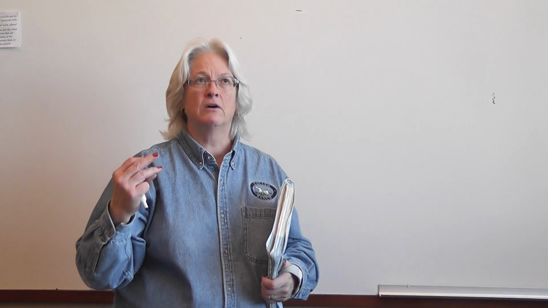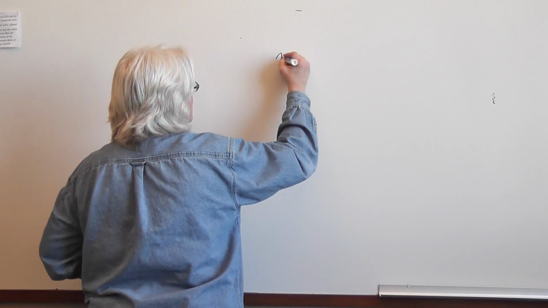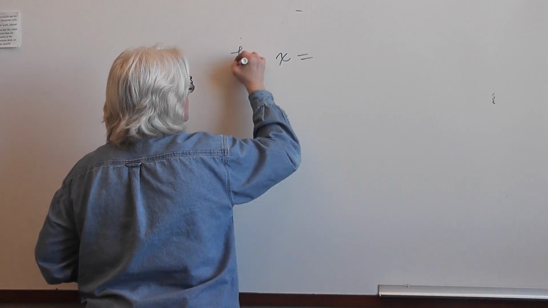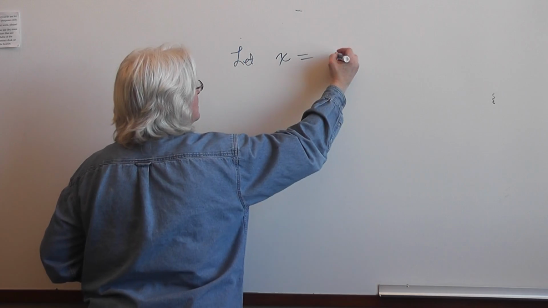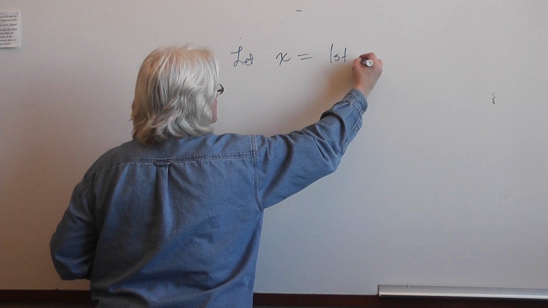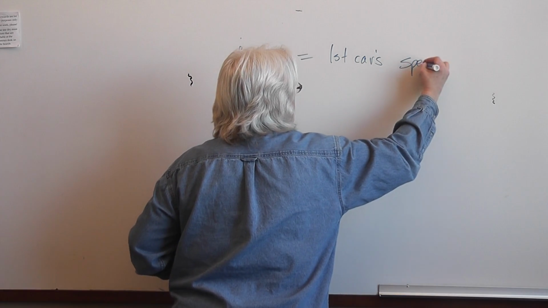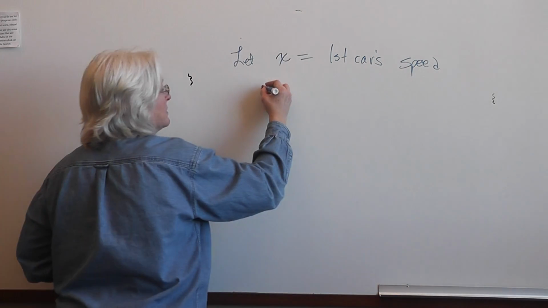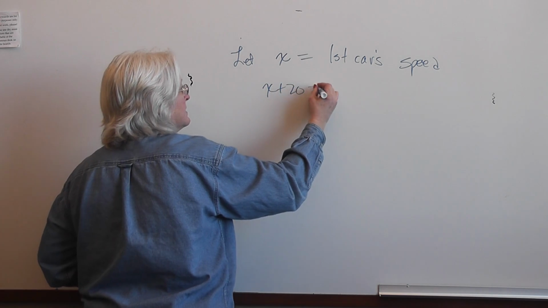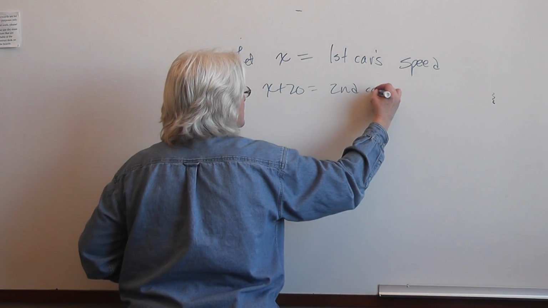The speed of those cars combined, as I'm creating this in my head right now, is 70 miles an hour. Okay? The speed of the first car, so we're going to say let x equal first car's speed. X plus 20 is the second car's speed.